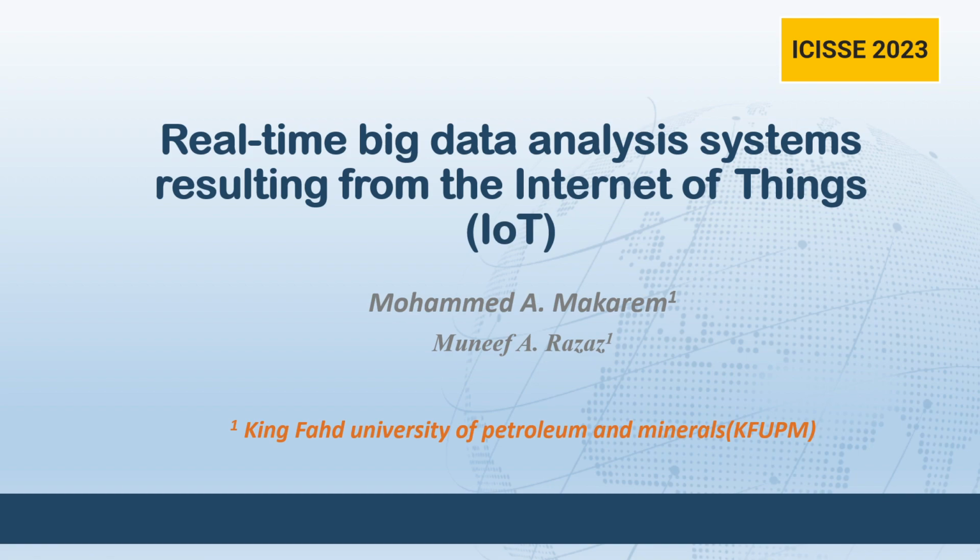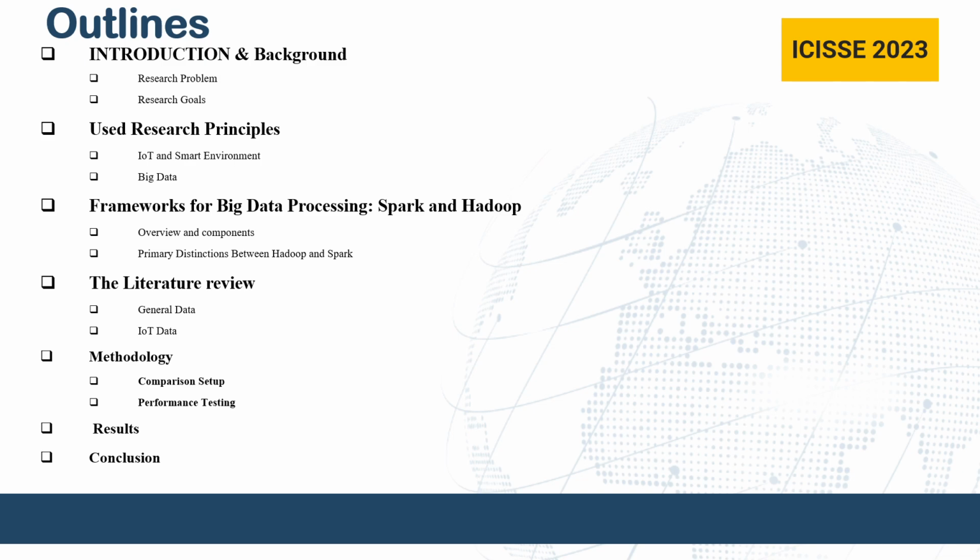So let's start. First of all, we have the outlines: introduction and background, the research problem and research goals, then research principles: IoT and smart environment, also big data. After that, the framework for big data processing, Spark and Hadoop, overview and components, primary distinction between Hadoop and Spark.